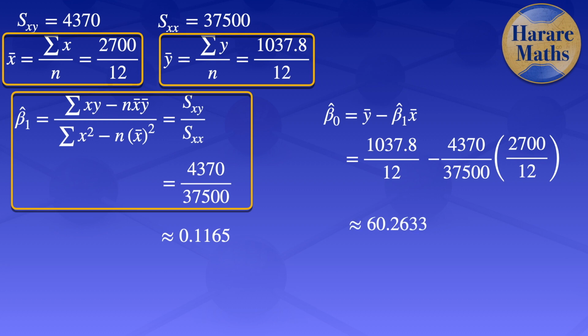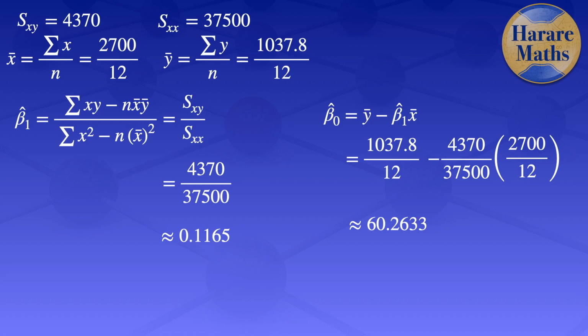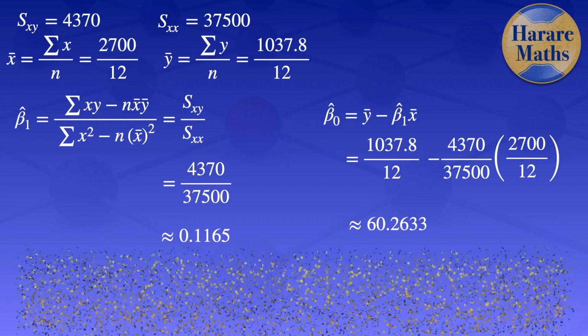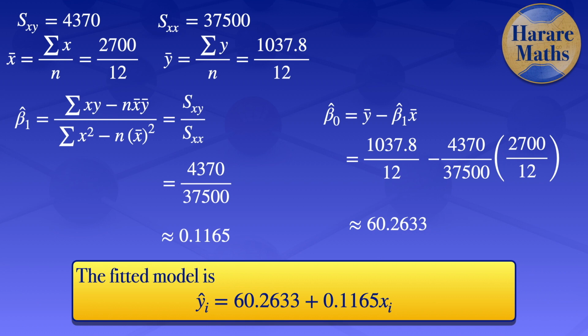So we have that our beta naught hat is approximately 60.2633. In this case, our fitted model will be yi hat approximately 60.2633 plus 0.1165 times xi. That will be the estimate of the yi.